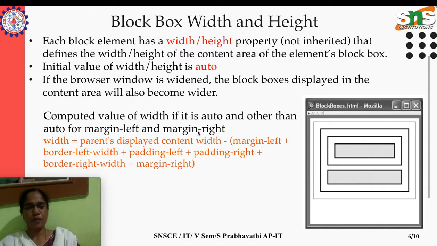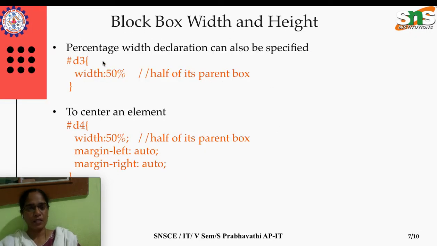Remember, width and height are automatic by default, the initial value is automatic, which means the browser will automatically adjust its size when we place the content inside the block elements. One more thing about width, we could mention it in terms of percentage also.